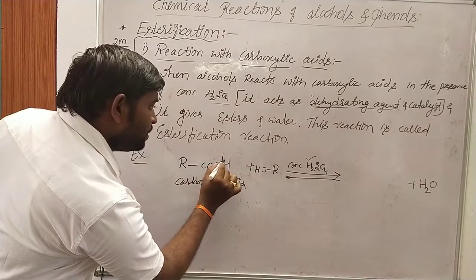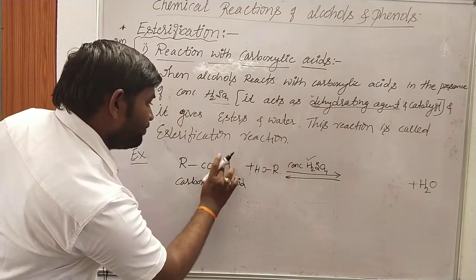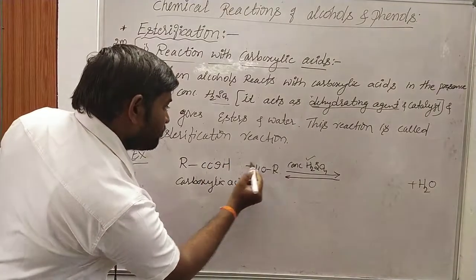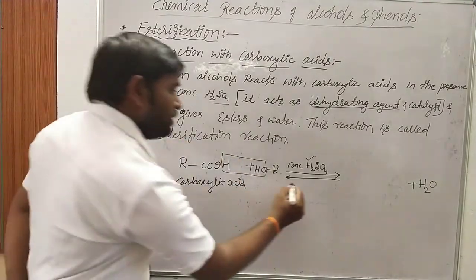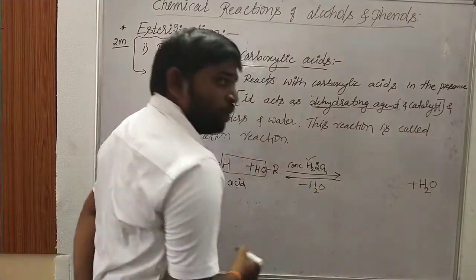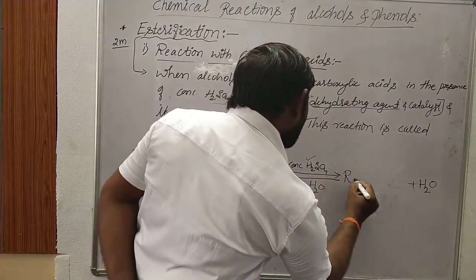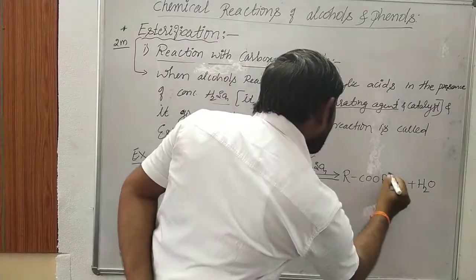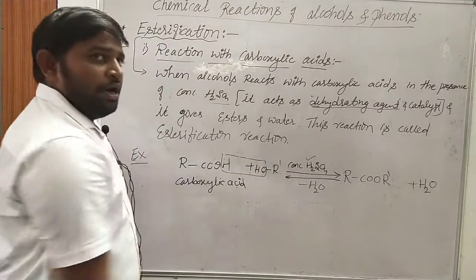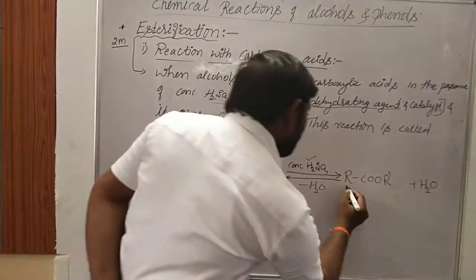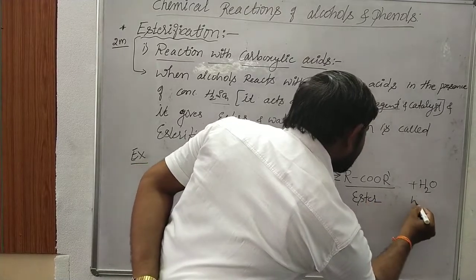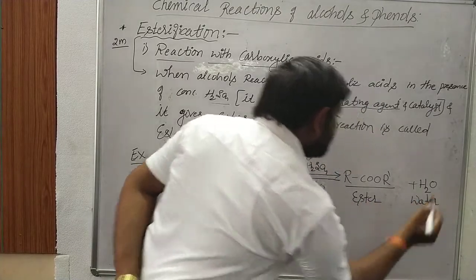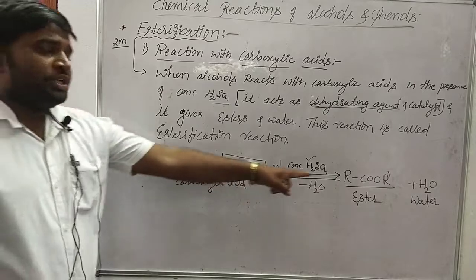When this OH and hydrogen are taken as H2O, the loss of water molecule leads to the formation of RCOOR dash. You may consider this as R dash OH. This is called ester, and this is water. So this is called esterification reaction.